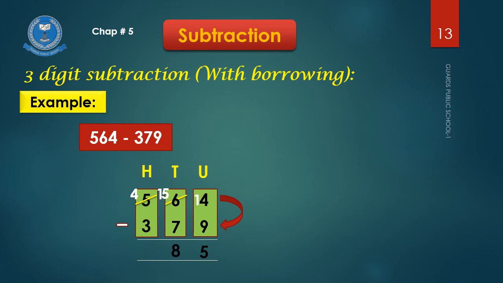What is 4 minus 3? 1. So we have 100, 8 tens and 5 units. So the difference of 564 minus 379 is 185.